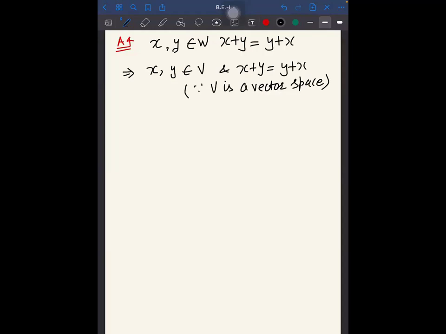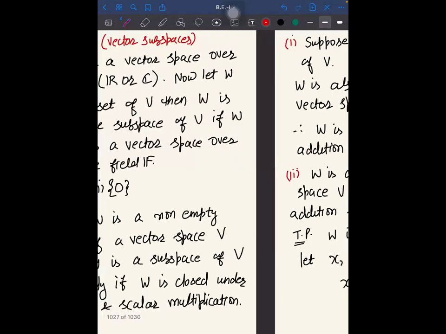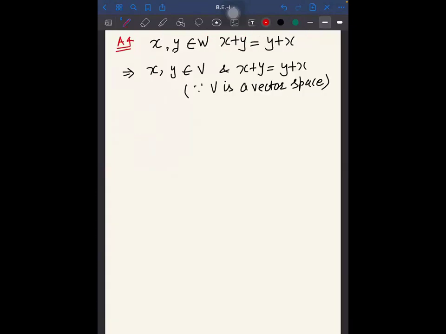Is it fine? And there is one more theorem, which is actually the combination of this particular theorem. So I'm just stating this theorem; I'm not going to prove this.